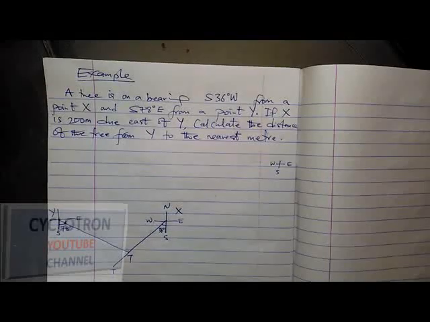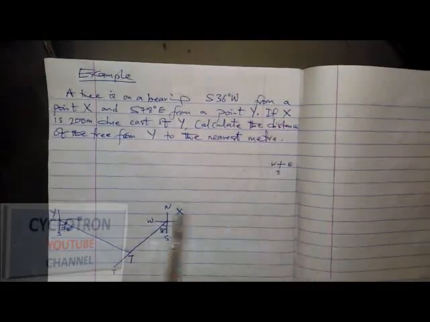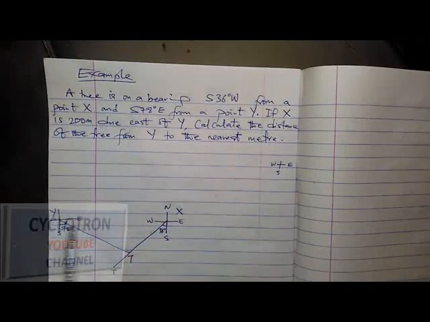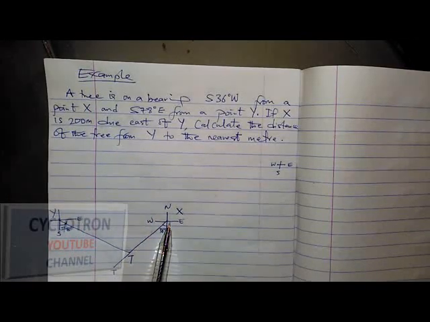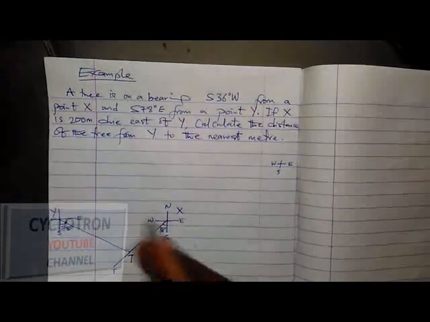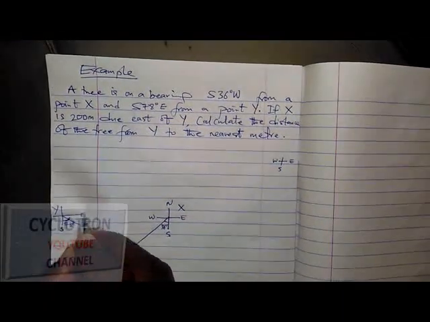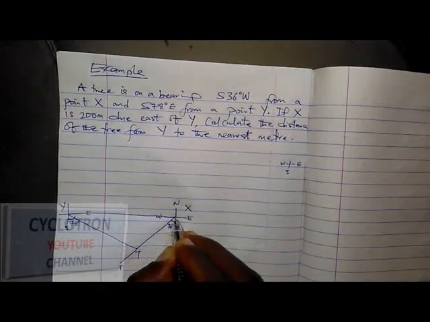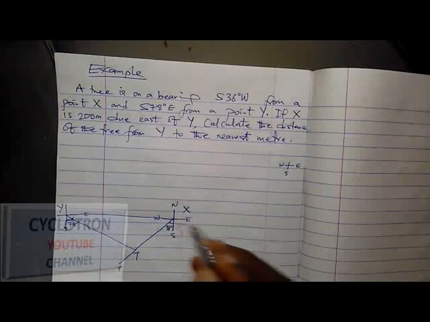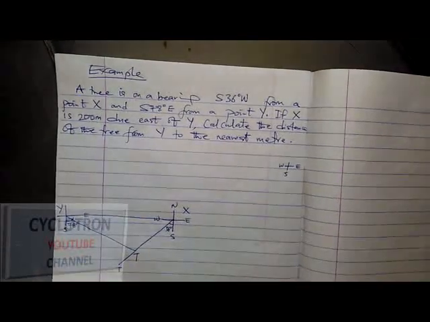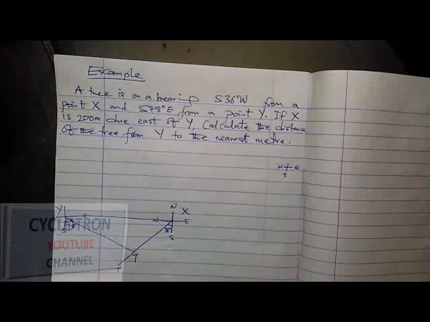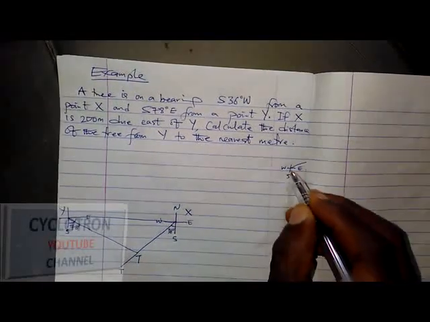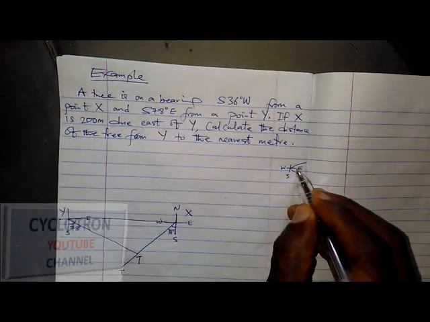Now if X is 200 meter due east of Y, this is east of Y, and it's 200 meter due east. Due east means the line that connects X and Y are on the X axis, just straight like that, no deviation, but on the line, straight.